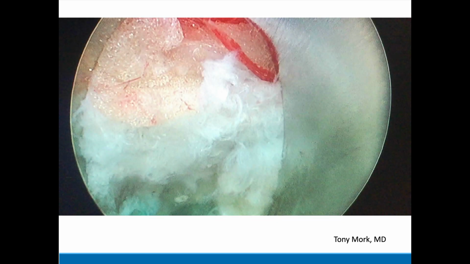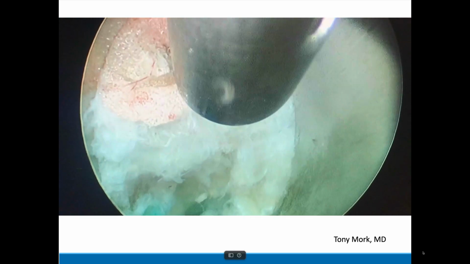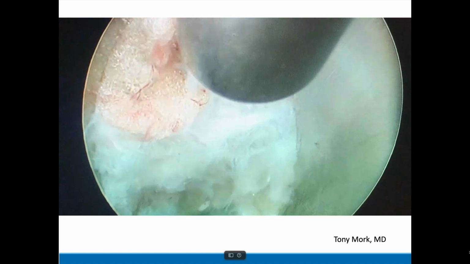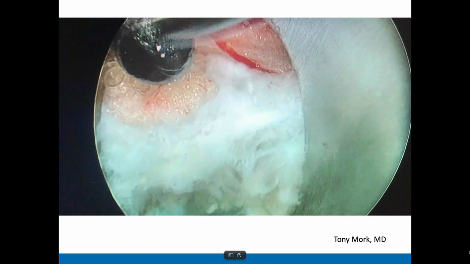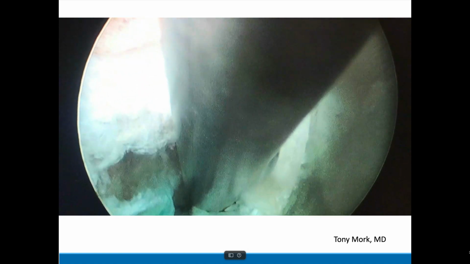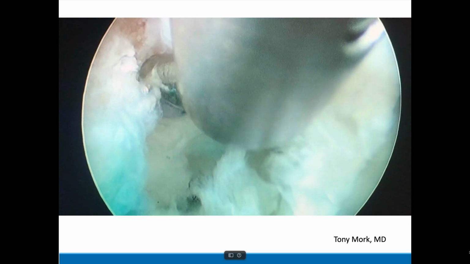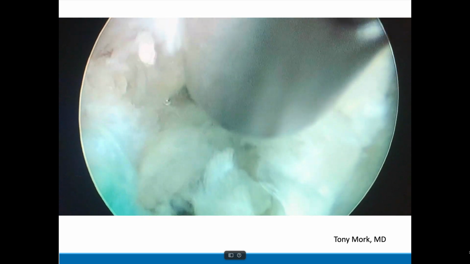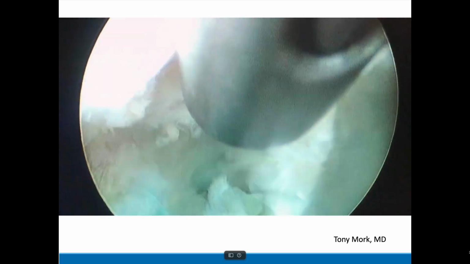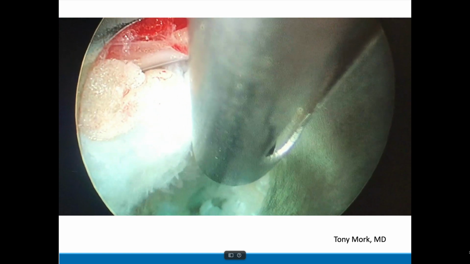So here we are again. Let's take a look. Now that's the epidural space. So we're looking at the back, the posterior, the back of the annulus, and we can see that the stained material actually will go out to the periphery.